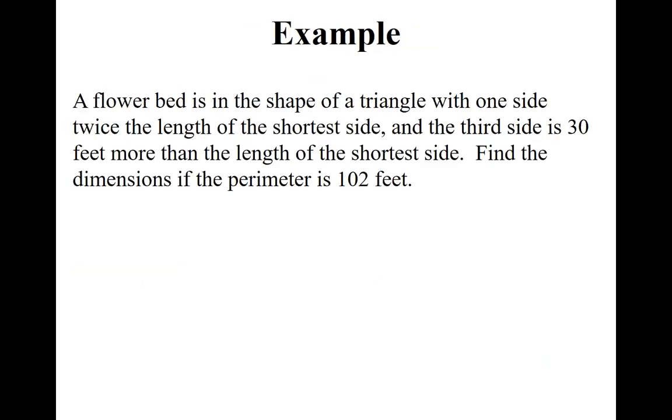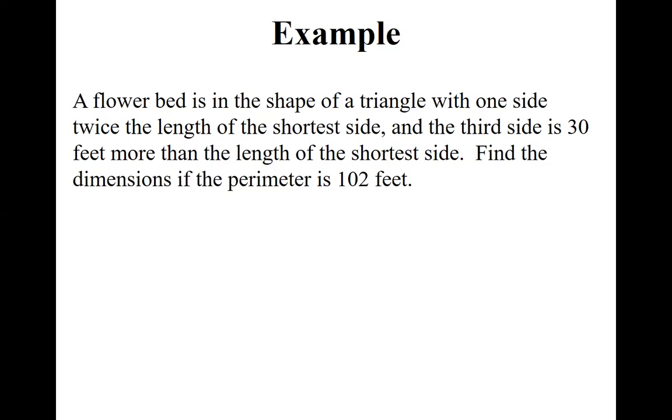Our next example. A flower bed is in the shape of a triangle with one side twice the length of the shortest side, and the third side is 30 feet more than the length of the shortest side. Find the dimensions if the perimeter is 102 feet.